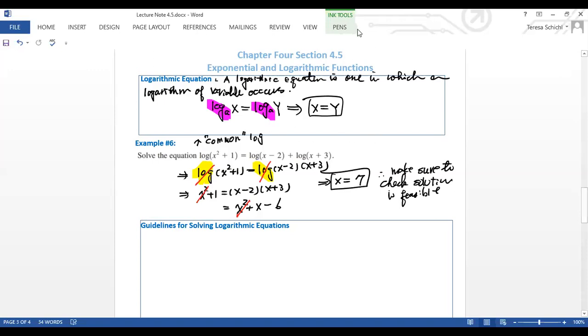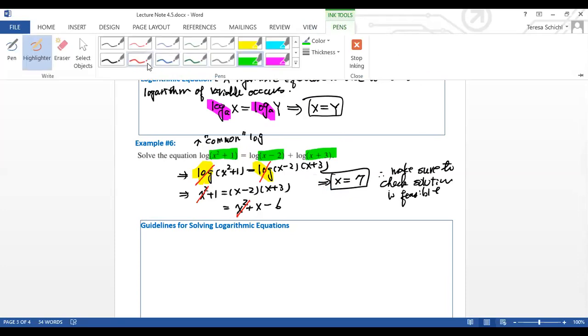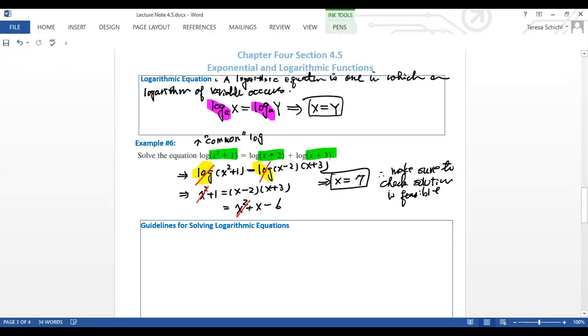Because with log, we know everything inside the log has to be positive, cannot be 0 or negative. So when you plug in the 7 to here, every one of them is going to be positive. So you are okay. This solution is okay here.